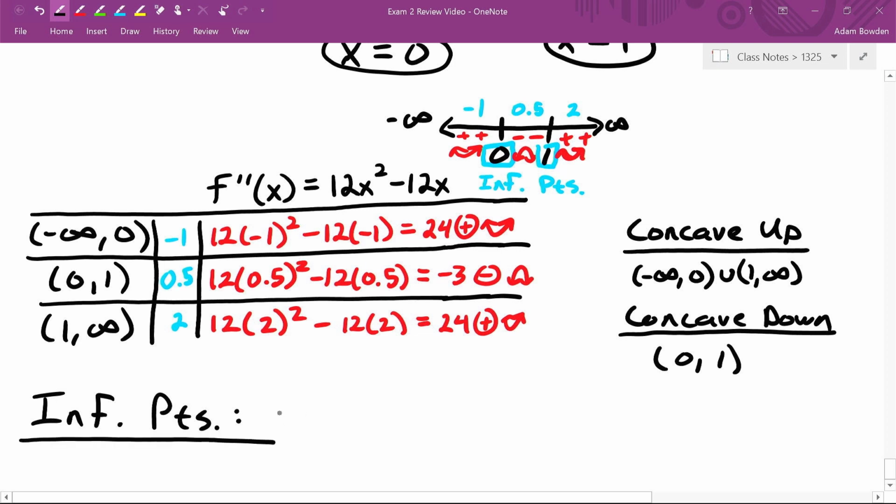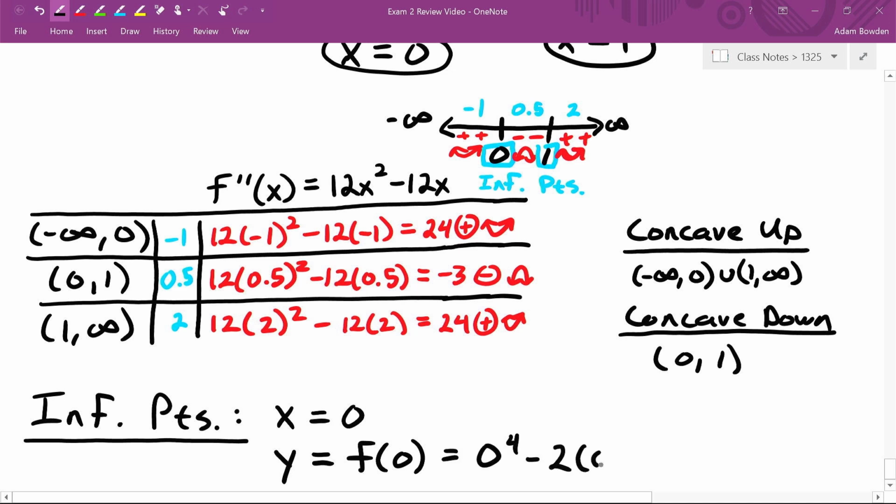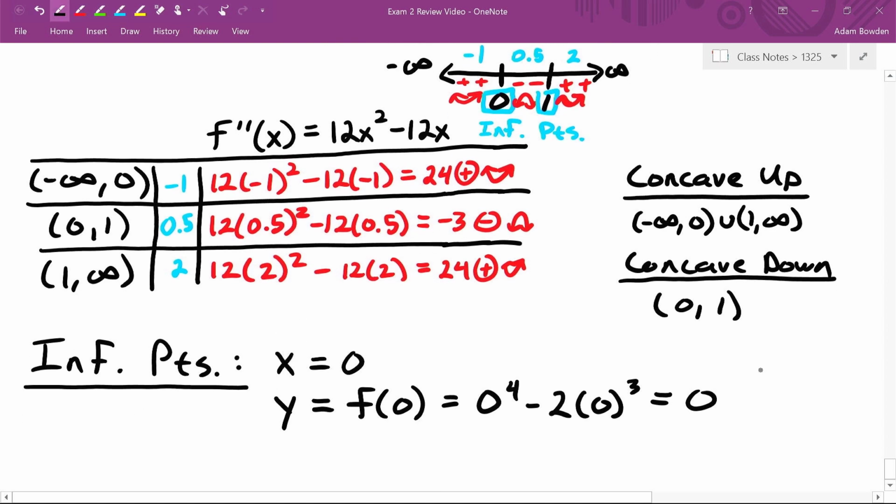So we have one inflection point for x equals 0. And if we want to know what the y-coordinate is, we'll plug that back into the original, not derivative function, which will equal 0 to the 4th minus 2 times 0 to the 3rd, and that's still just 0. So one of the inflection points is 0, comma 0.